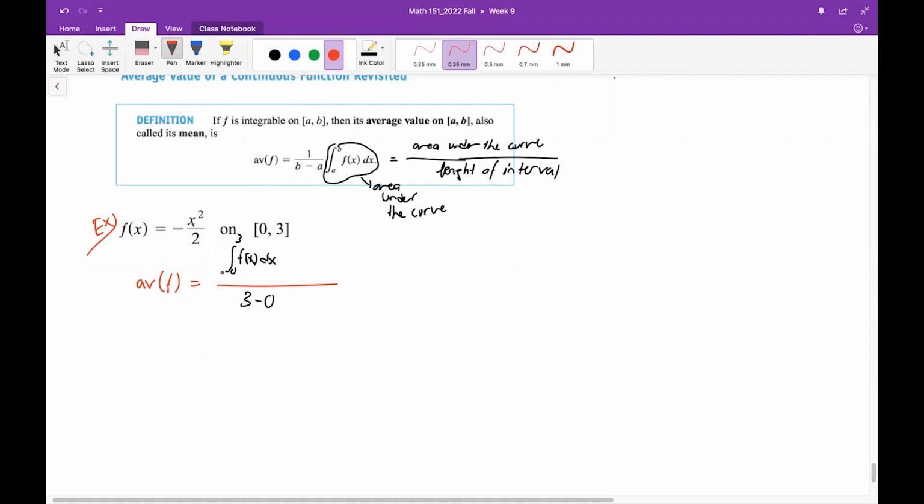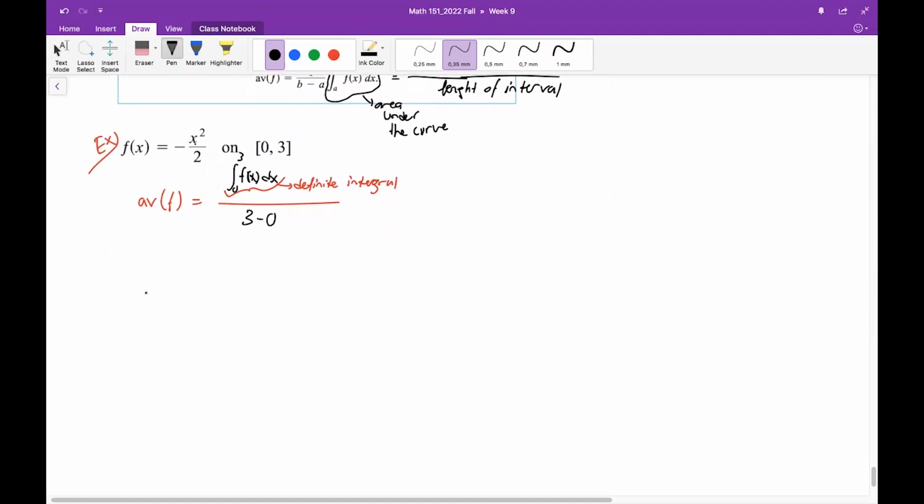Let's compute this definite integral. Okay, let's concentrate on it. The integral from 0 to 3 of f of x dx, okay, let's write f of x dx first. f of x dx is the integral from 0 to 3 of minus x squared over 2 dx.